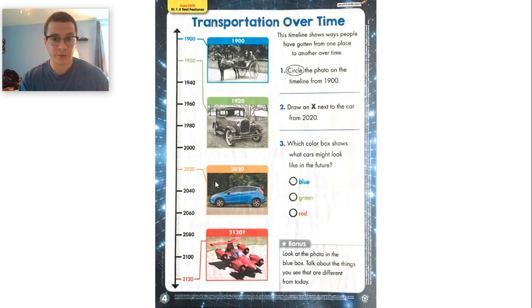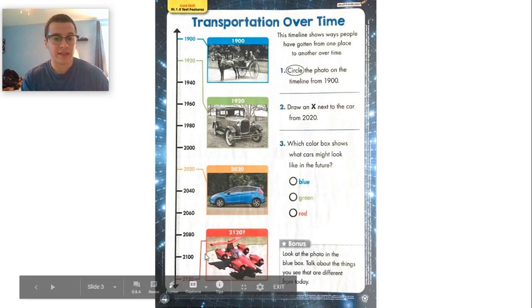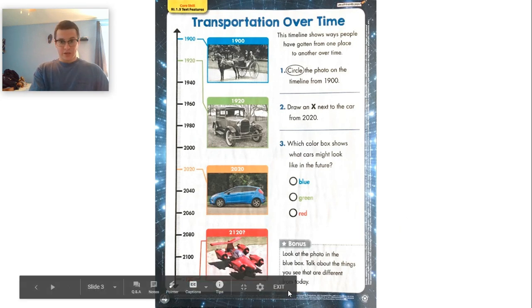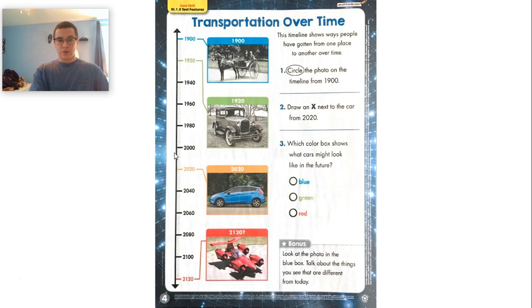Now in 2020, this looks like a car that maybe your family has, or you see people driving down the street in this car. And then in 2120, we see a picture of this flying car. So on this timeline, we can see how ways to get from one place to the other have changed over time.